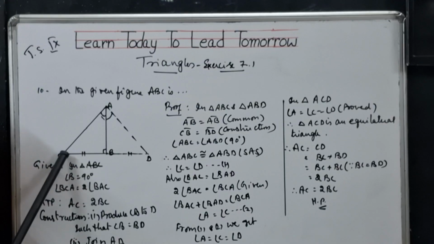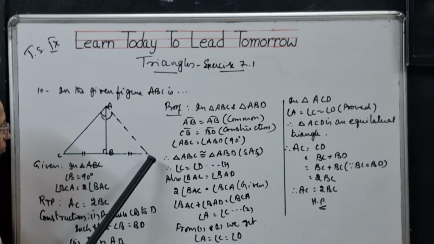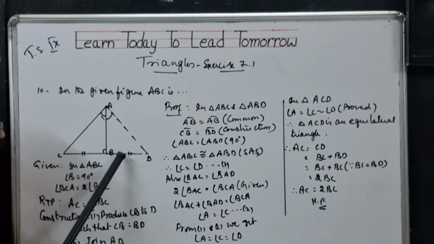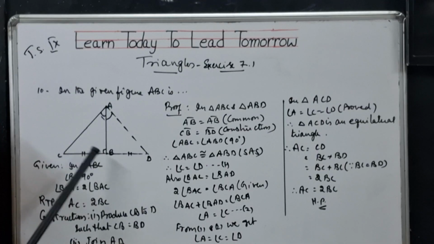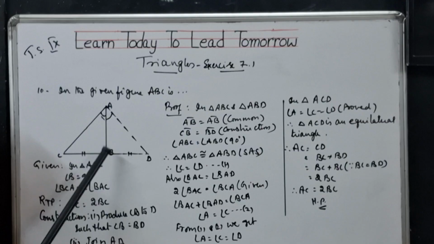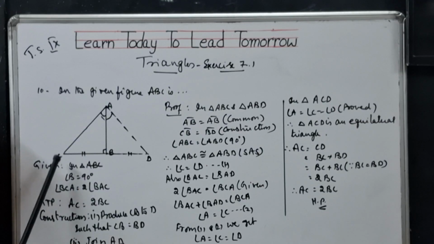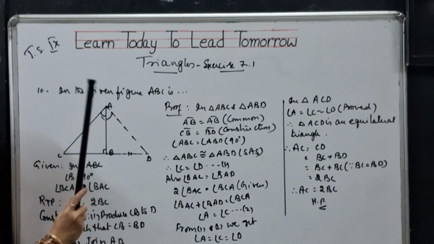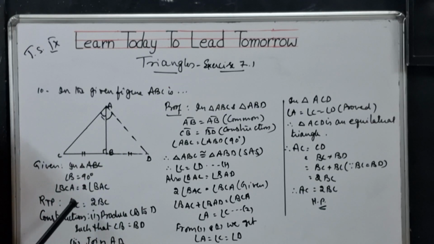Here you have a construction: extend CB to D such that CB is equal to BD. Now, if you join AD, you have got 2 triangles. In these 2 triangles, AB is equal to AB common and BC is equal to BD, our construction. Angle ABC is equal to angle ABD. They are equal, 90 degrees.